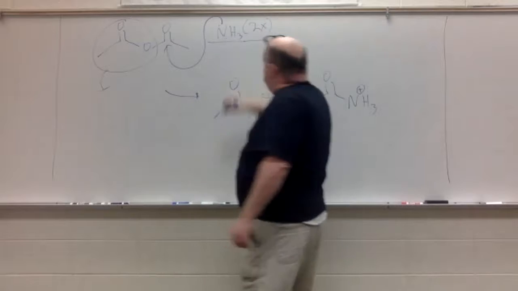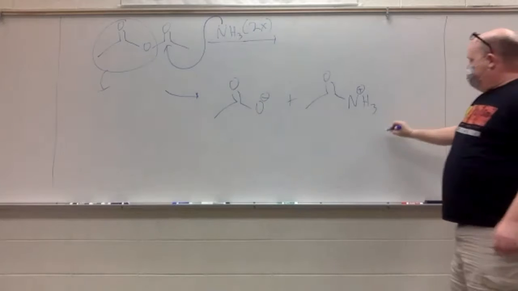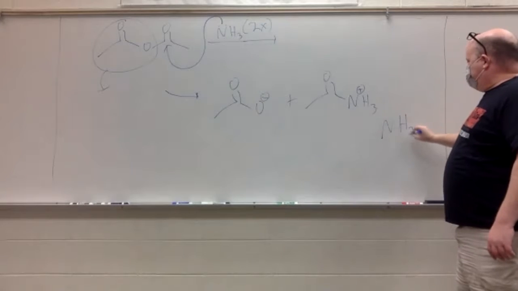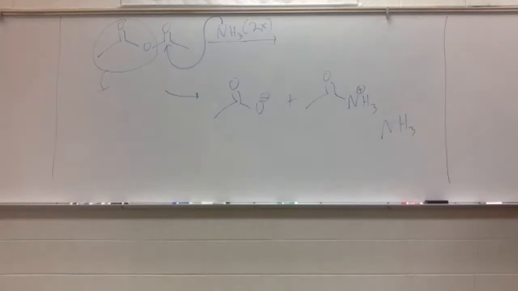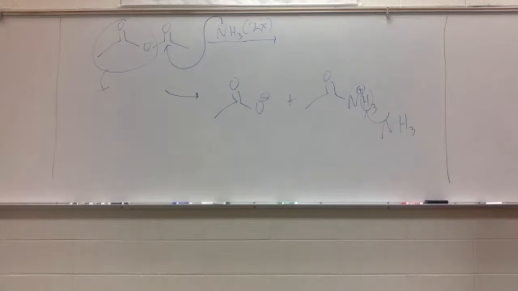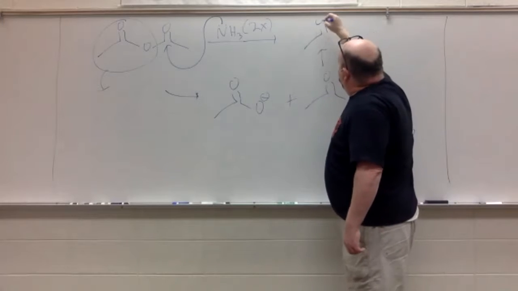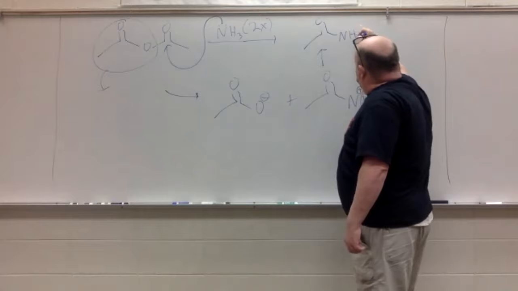We actually do need to add 2 equivalents of ammonia. We put the extra ammonia in because ammonia by itself is more basic than an amide. So this will deprotonate that, and that gives us our real target product here. We're trying to make a primary amide.